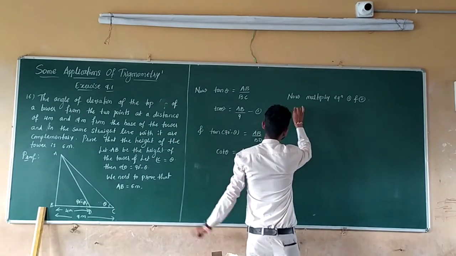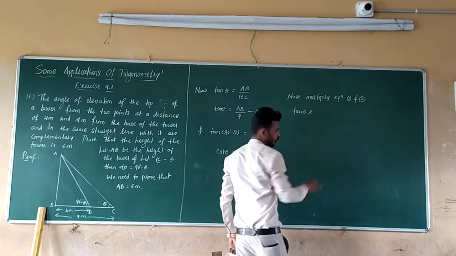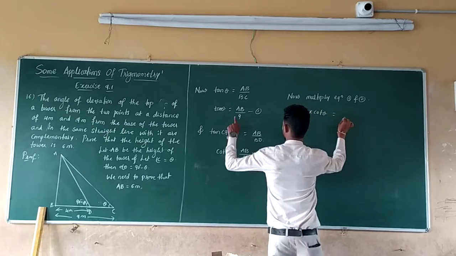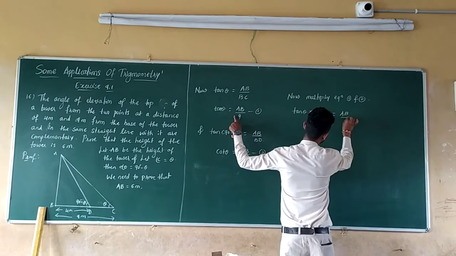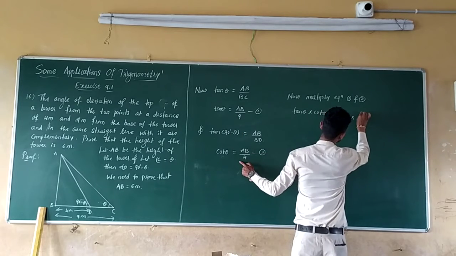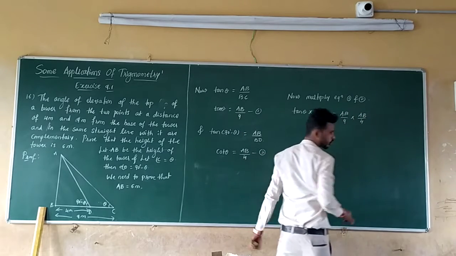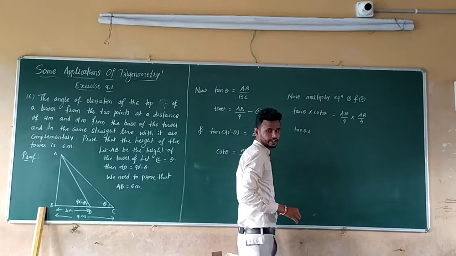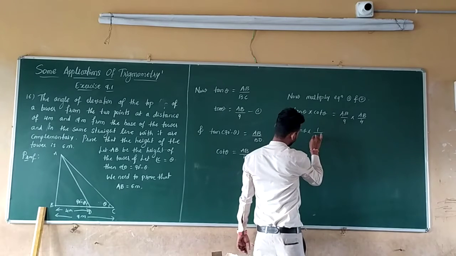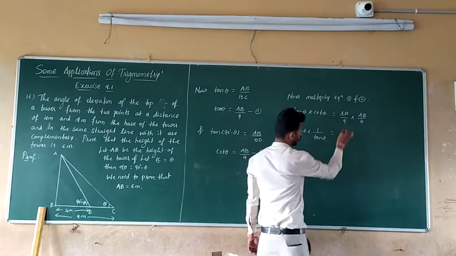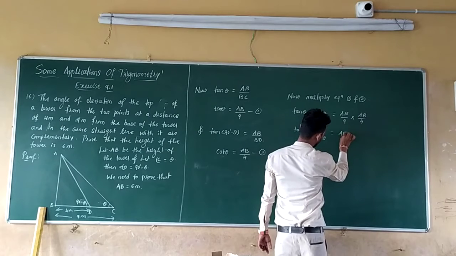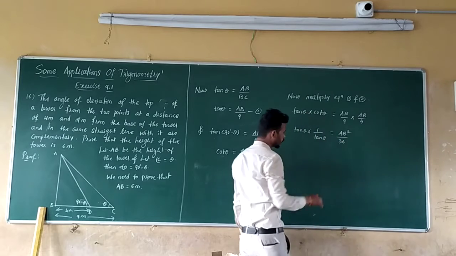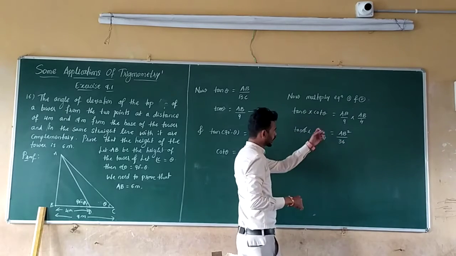So tan theta into cot theta on the LHS equals AB by 9 into AB by 4 on the RHS. Tan theta into cot theta is tan theta times 1 by tan theta, which cancels and gives 1. So 1 equals AB squared divided by 9 into 4, which is 36.